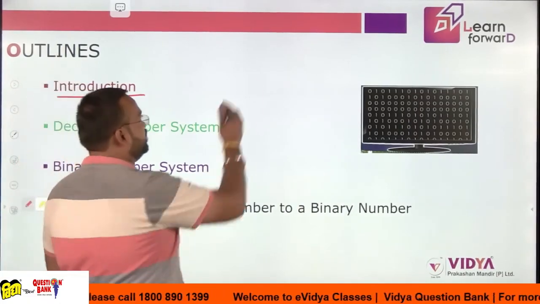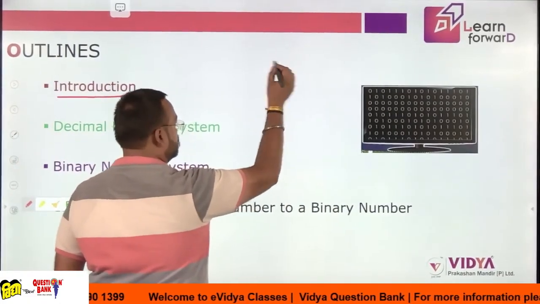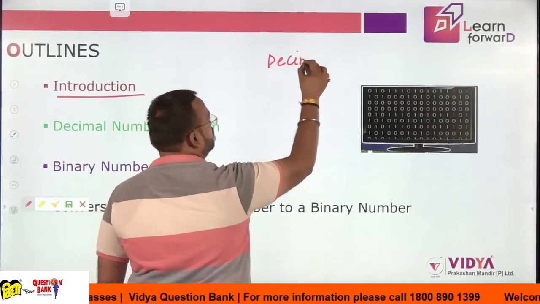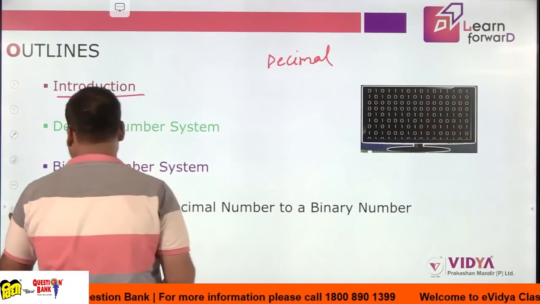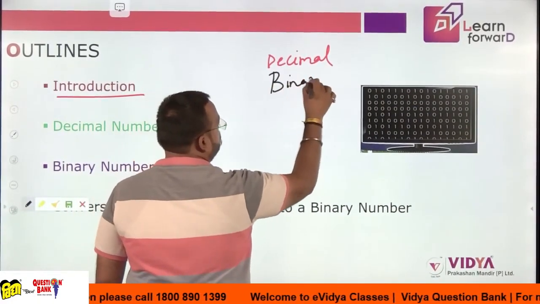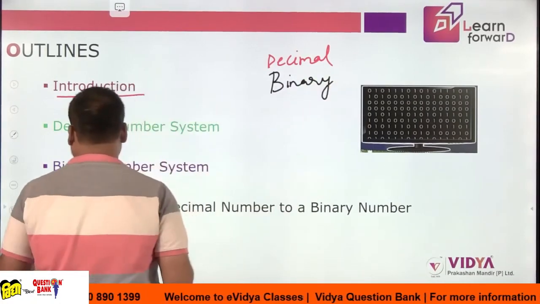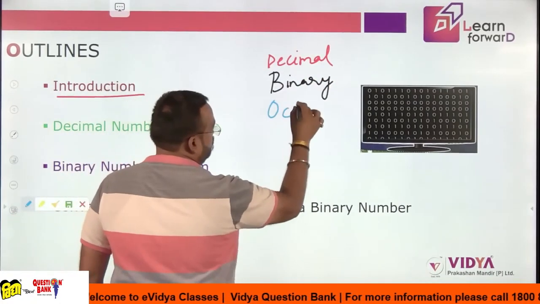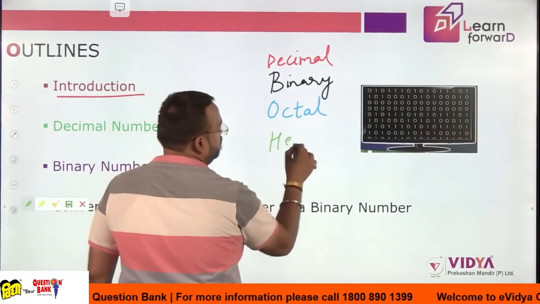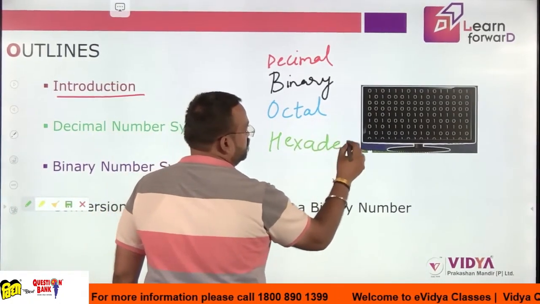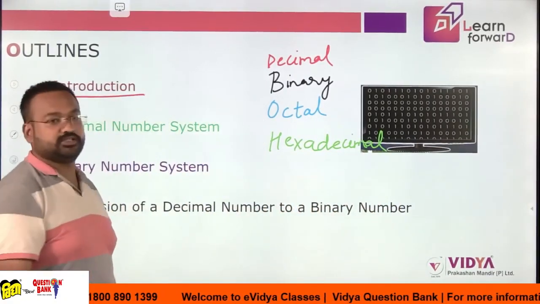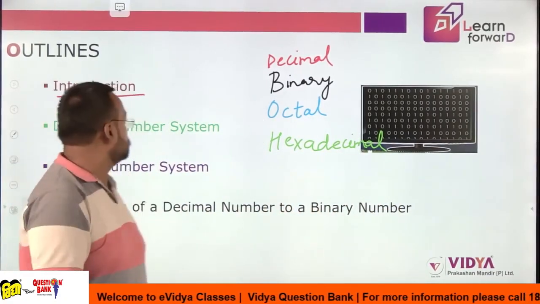We have seen that there are 4 types of number system in a digital computer: decimal, binary, octal and hexadecimal.